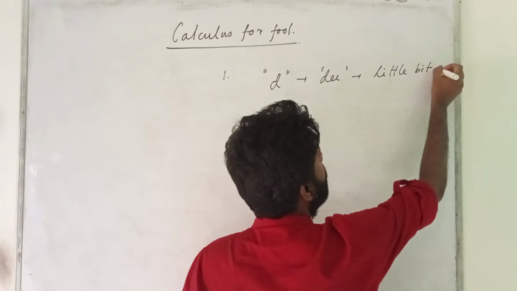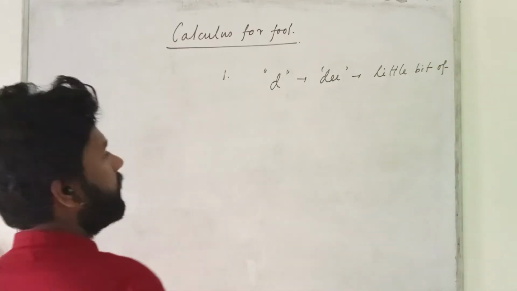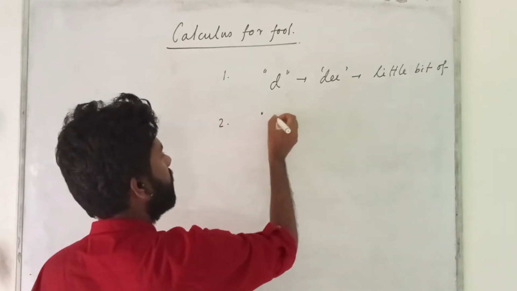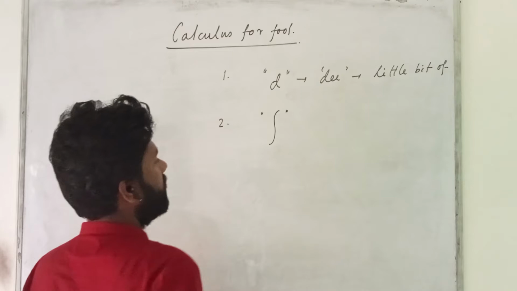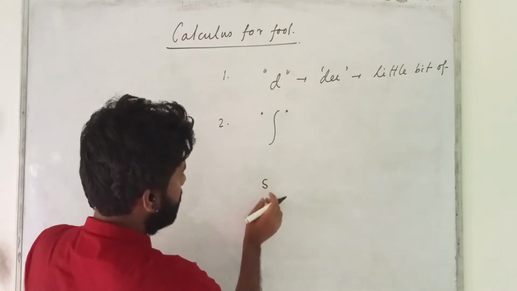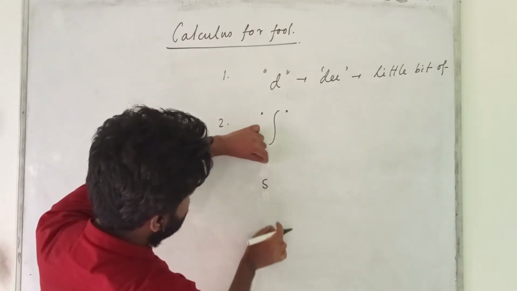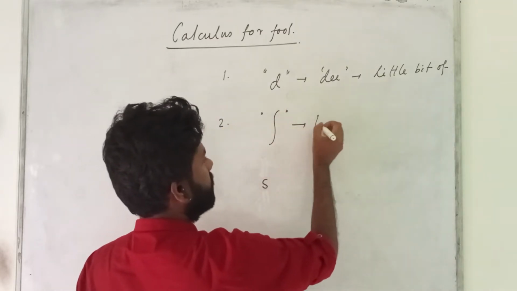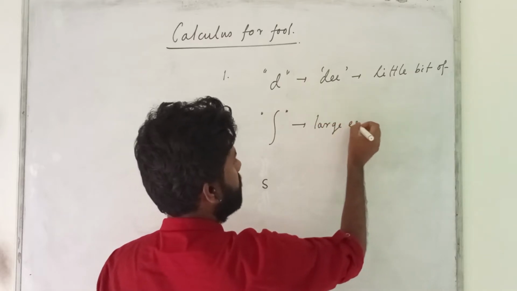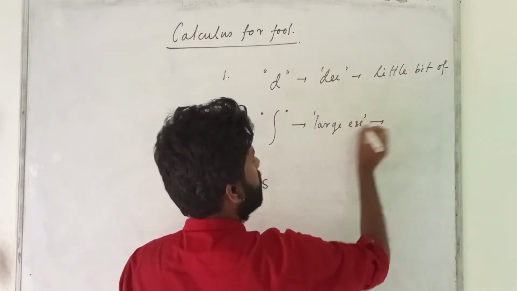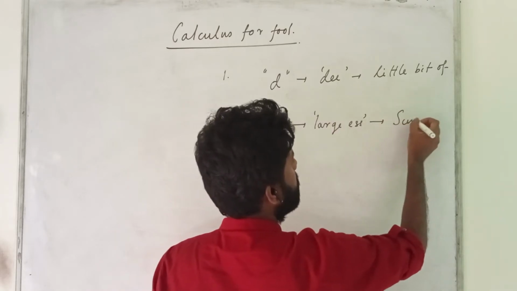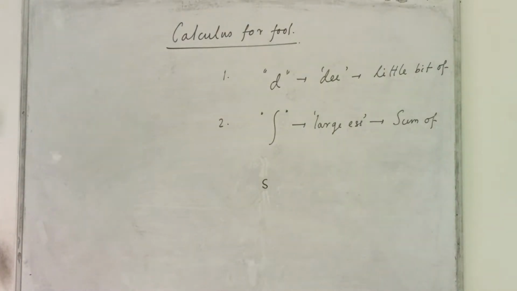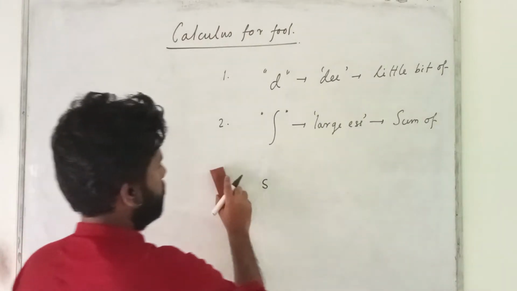Secondly, is a large S. If you have an S and stretch it out at two ends, you get this thing. It is a large S, and it means sum of. These are the two symbols I will introduce to you.